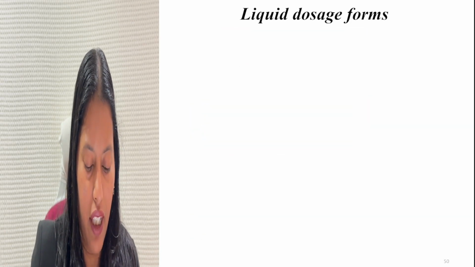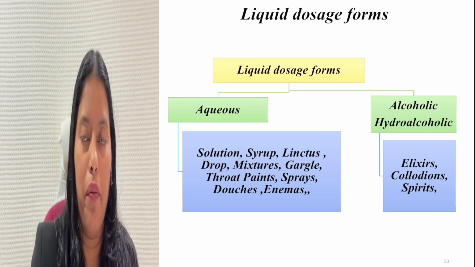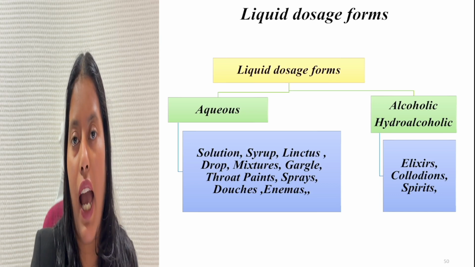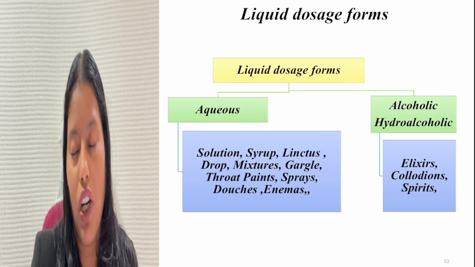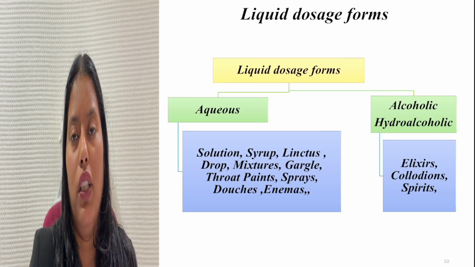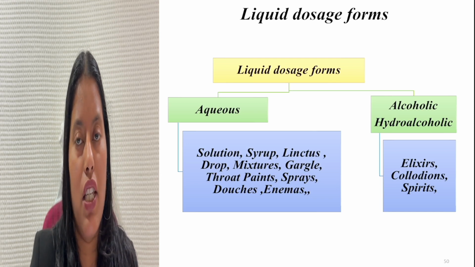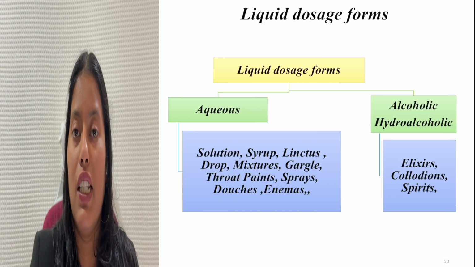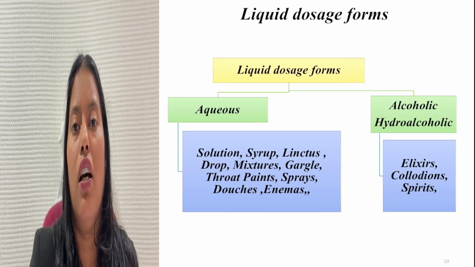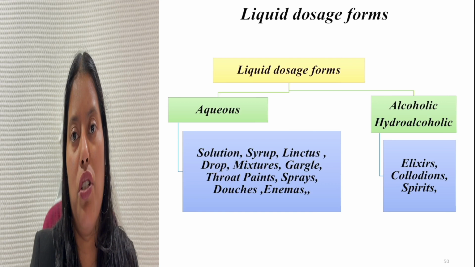Next, you have classification based upon whether they are aqueous, alcoholic or hydroalcoholic. You know that the solvent system may be aqueous, but if the drug solubility is low, you can use alcohol to solubilize it.